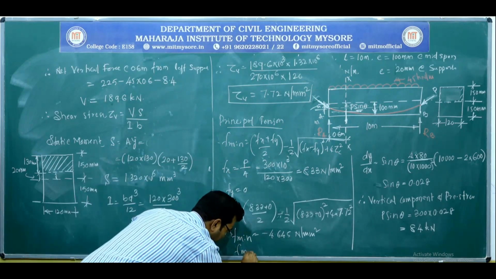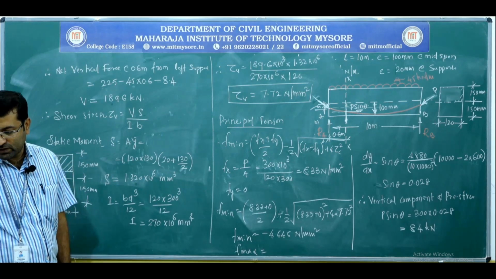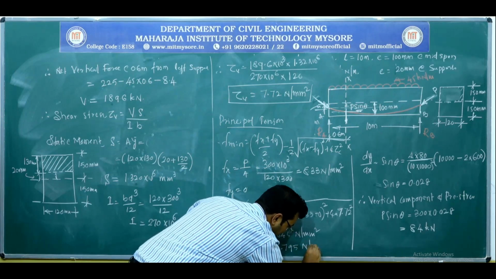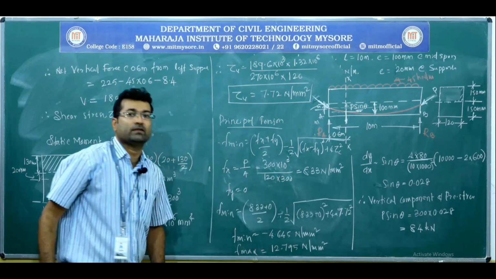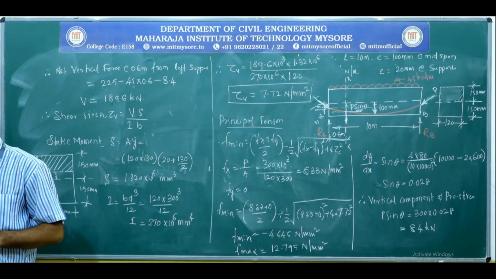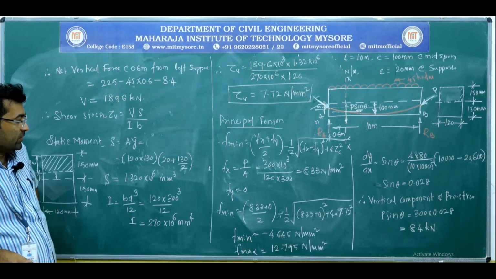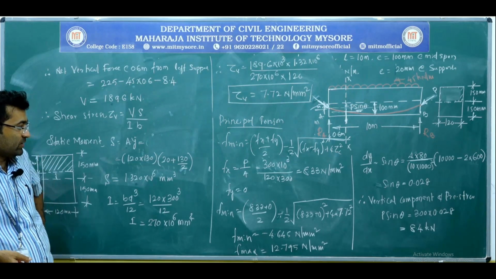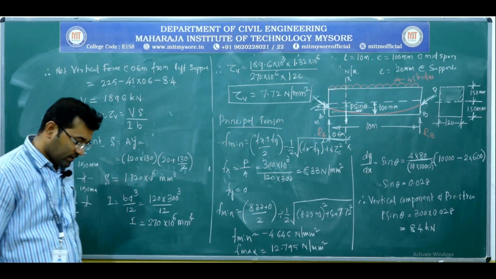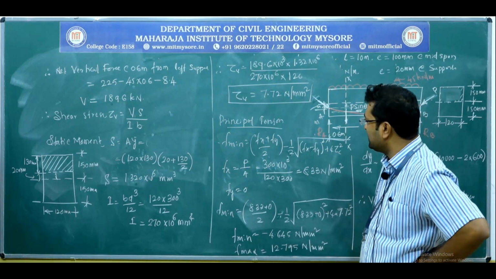If you similarly calculate f maximum, it will be about 12.795 newtons per millimeter square. Right? I think the question asked only to calculate the principal tension, even though we have the value for principal compression anyway. So this is how we can calculate the principal stresses at any point in the concrete section, right?